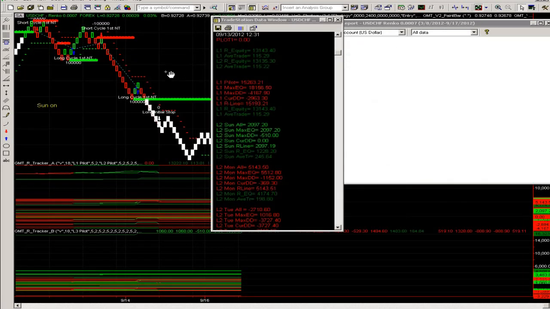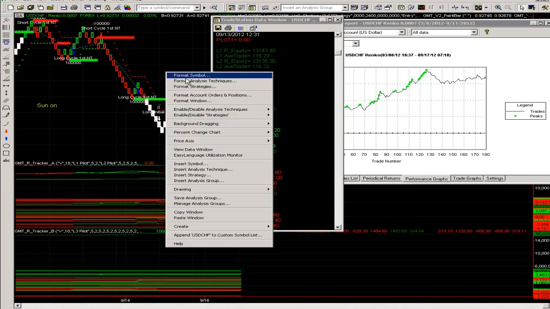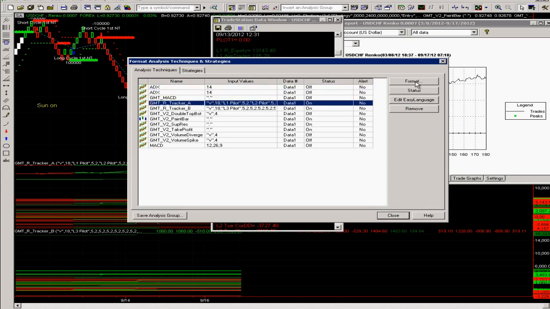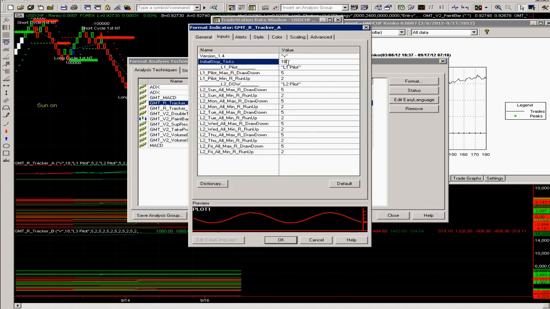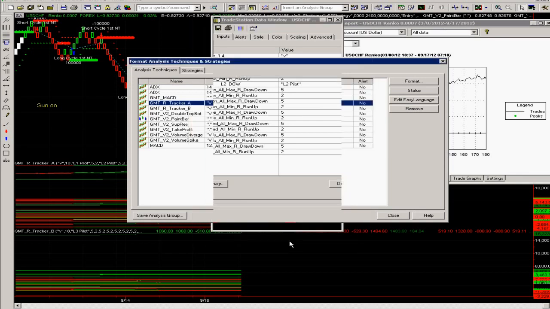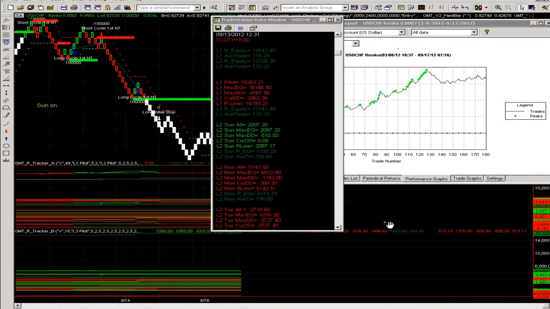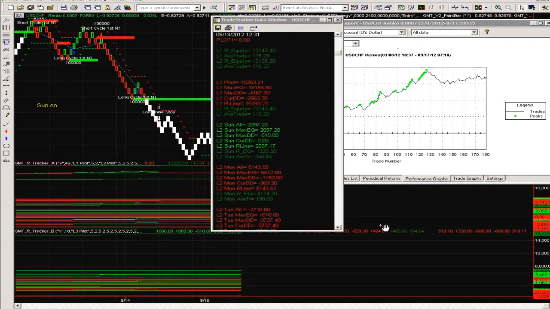So we'd put that in there. We go into our format analysis and put 49 into our tracker, and we just need to make sure that's in there. That will then trigger the green and the red on your system. While that's doing that, we'll just keep going.